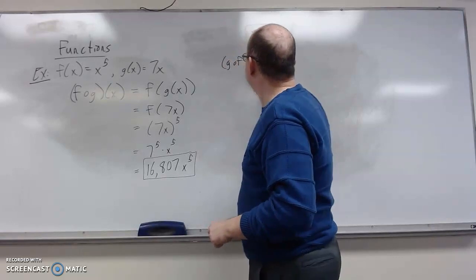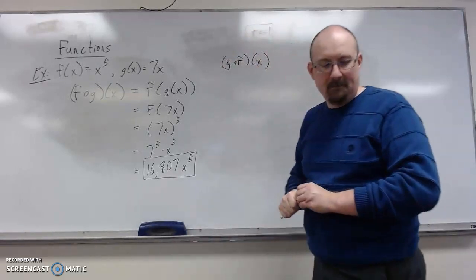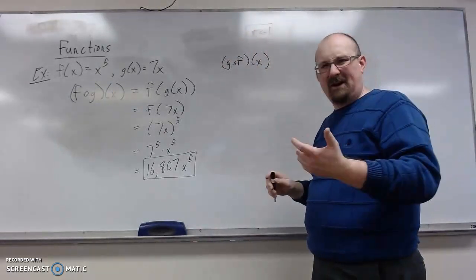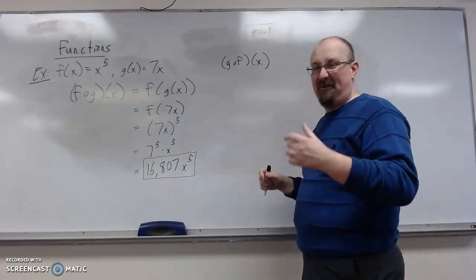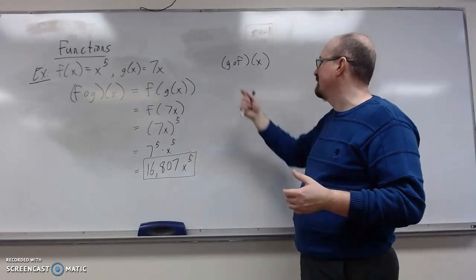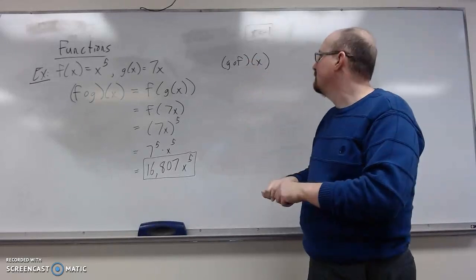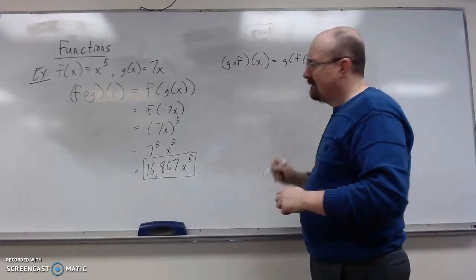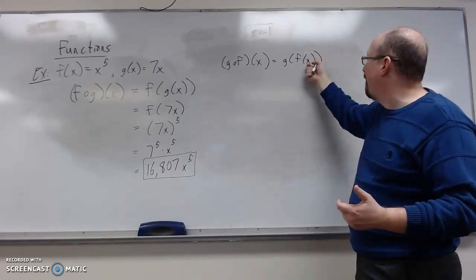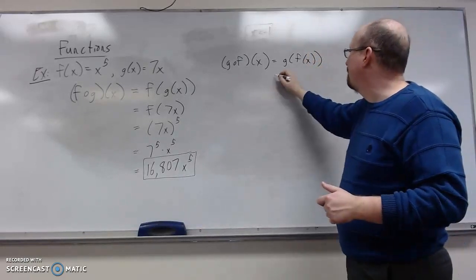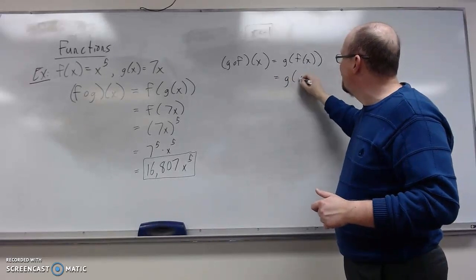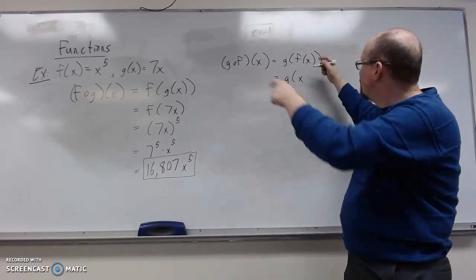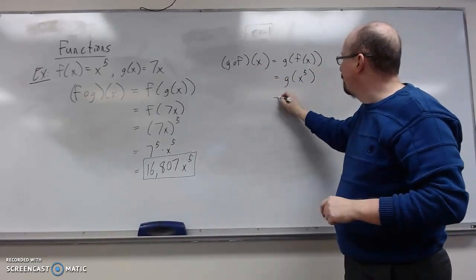By the same token, at the bottom of the page here, we've got the composition reversed. Instead of f of g, or fog, now we have golf, g of f of x. So we repeat the process, but now the guy on the inside is different. We feed into g the formula for f of x, which we said is x to the fifth.